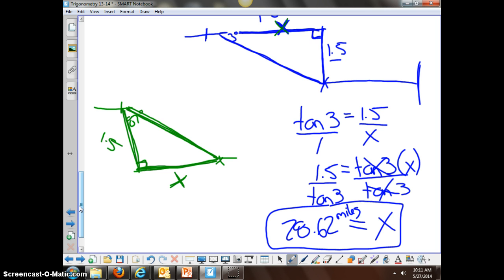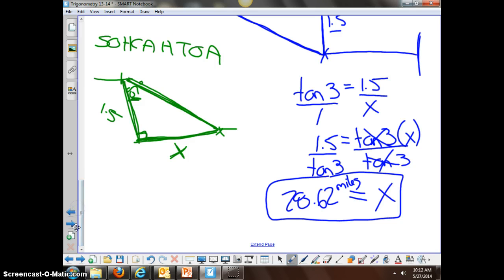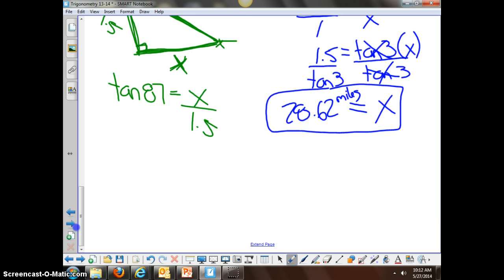Catherine? SOHCAHTOA. What do you want to use? Tangent again? Tangent of what? 87. So tangent of 87 equals x over 1.5, so x would be your opposite, and 1.5 would be your adjacent.